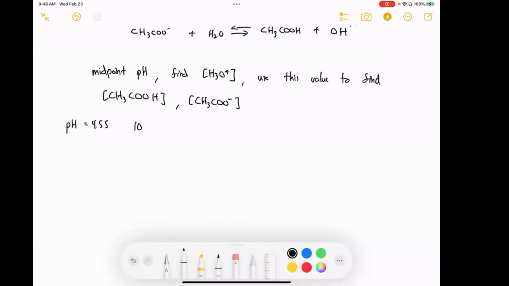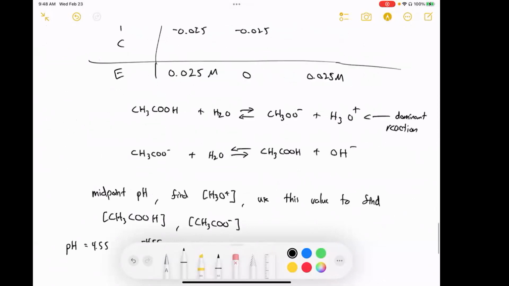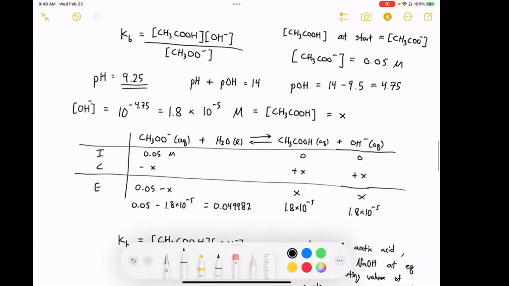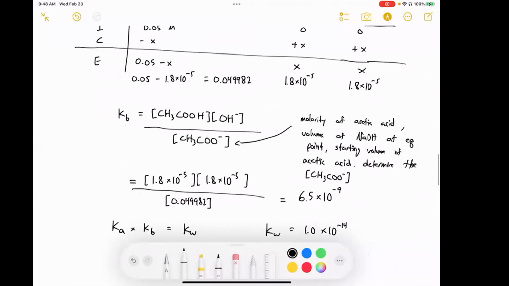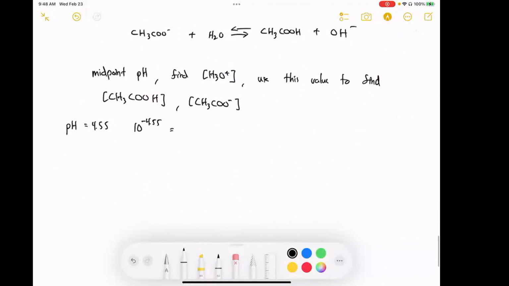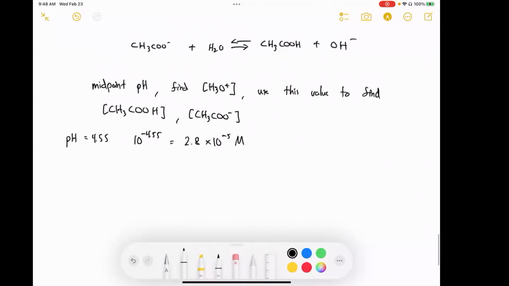Now we take the antilog of that. What did we do up here? For 4.55, we got 2.8 times 10 to the negative fifth molar. Okay, so we did our ICE table, right?